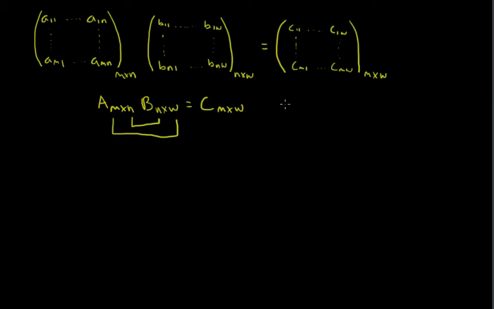If we were looking at a converse case, say you had A with the dimension of n by m, and you're multiplying it by a matrix B with dimension n by w, these inner dimensions don't match, so this is not defined. It doesn't equal anything.